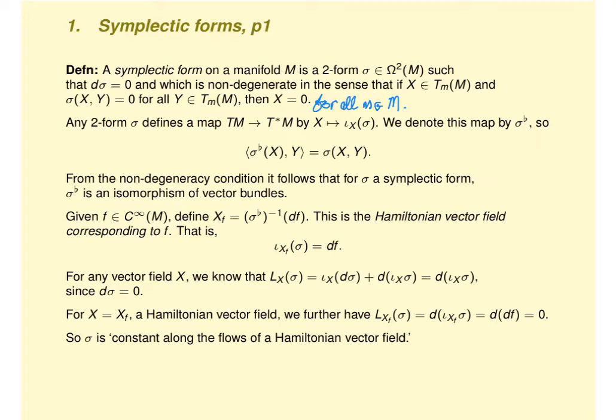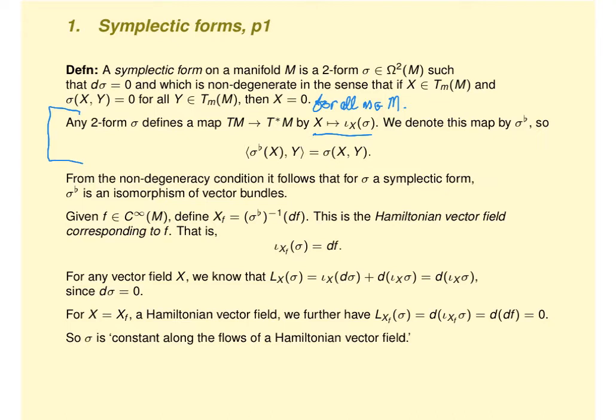Just for a moment, think of an arbitrary two form. It can always be rearranged so that it's a map from the tangent bundle to the cotangent bundle. And since we've got the insert operator, there's a particular preference for the way to do that. So we get a map which sends a vector field, or a tangent vector, to the insert operator applied to sigma.